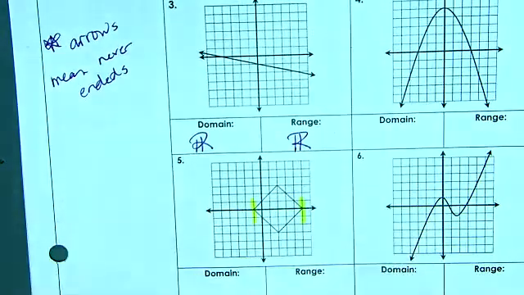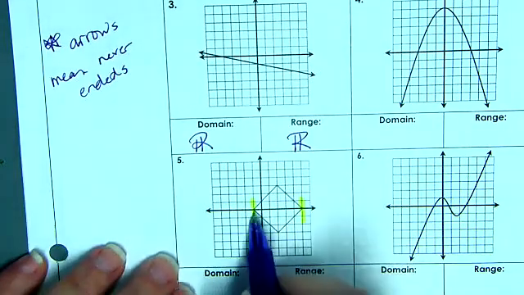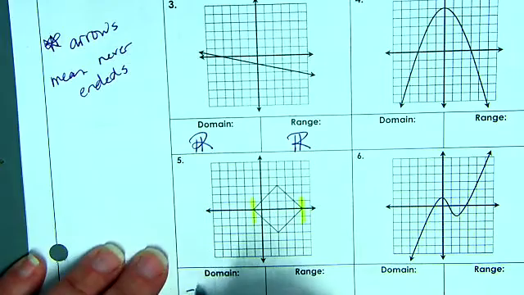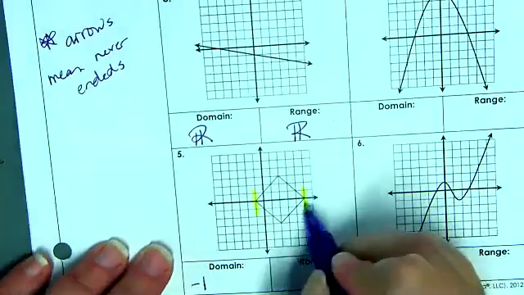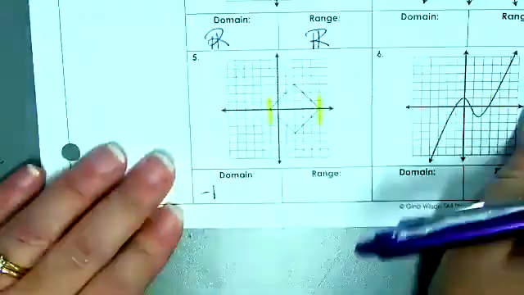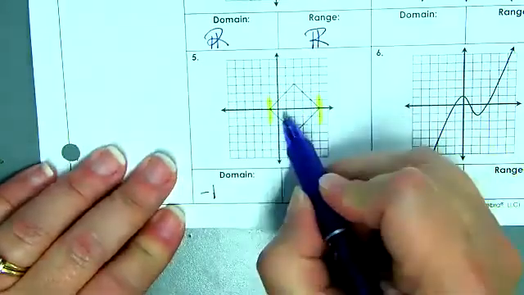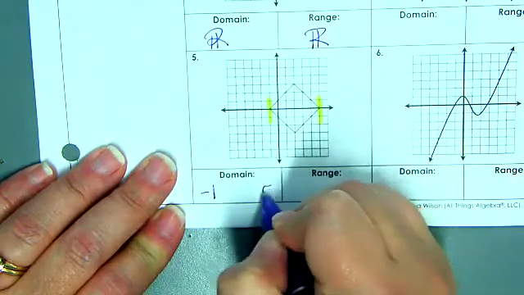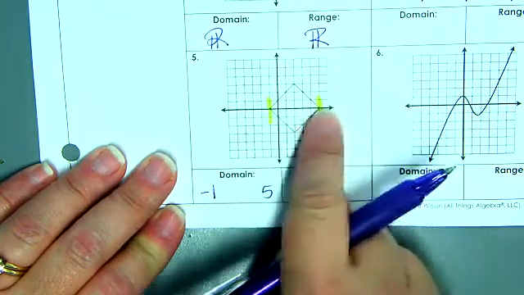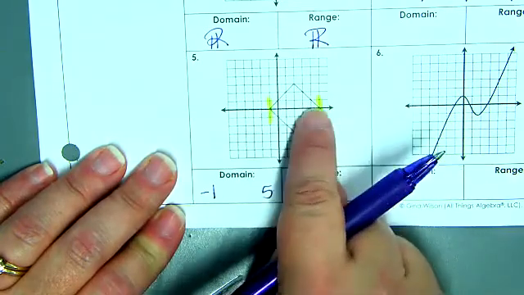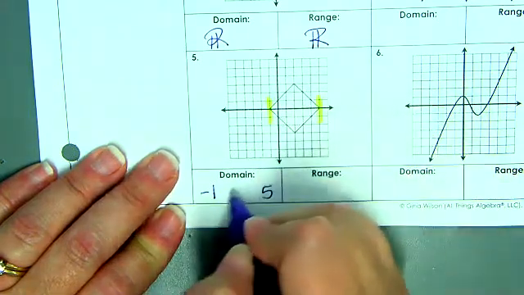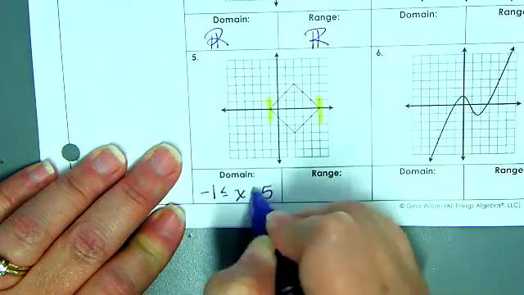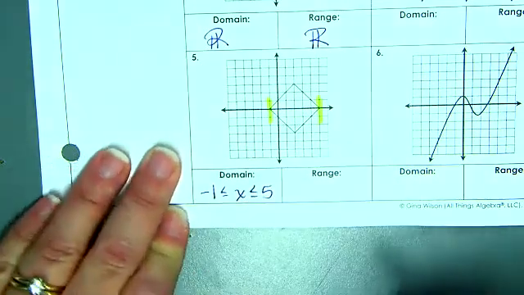So my X value is not going to be anything lower than -1, and it's not going to be anything higher than 1, 2, 3, 4, 5. But it is everything in between, and it's actually equal to it because the graph is on that point. So my inequality for the domain is going to be -1 is less than or equal to X is less than or equal to 5.